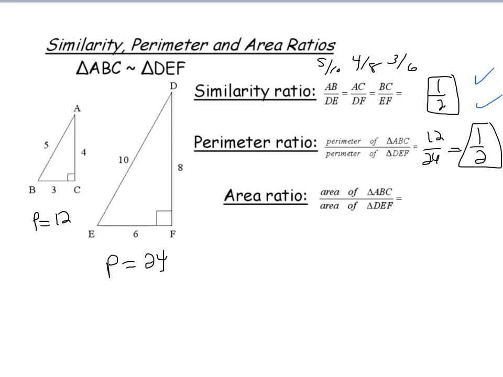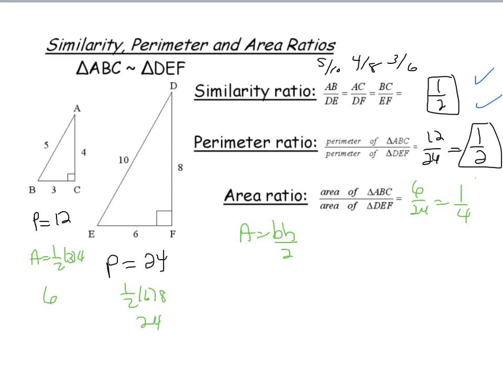Now let's take a look at area. The area of a triangle is base times height over 2, or 1/2 base times height. So the area of this one is 1/2 times 3 times 4, which is 6. This is 1/2 times 6 times 8, which is 24. So this is 6 to 24, which is 1 to 4.